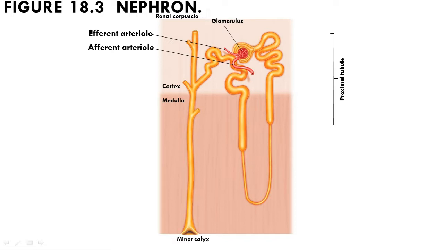What happens at the proximal convoluted tubule? Very good. We see a lot of reabsorption of filtrate, and it goes into the interstitial fluid, and probably is going to go back into one of those peritubular capillaries as well. So we have a lot of surface area to ensure a lot of reabsorption.